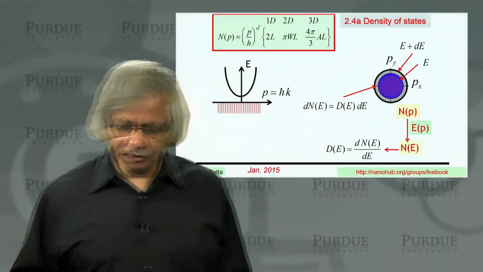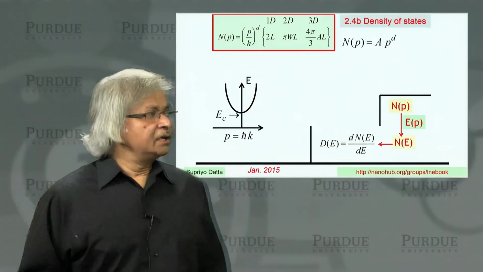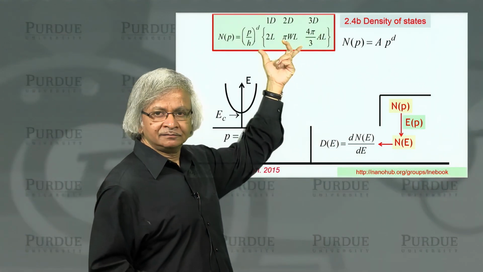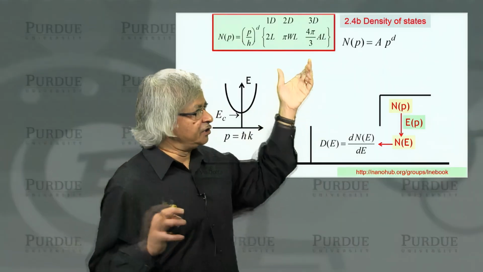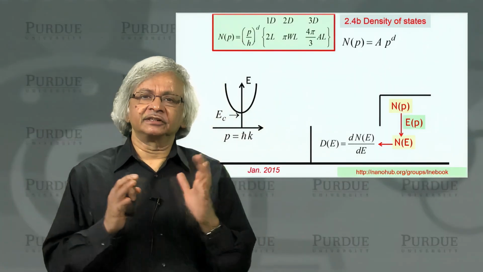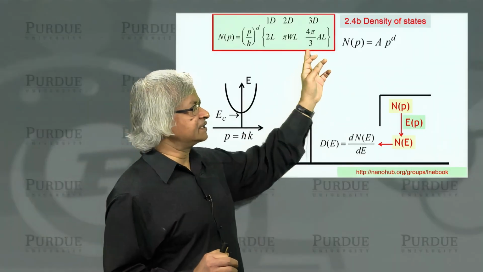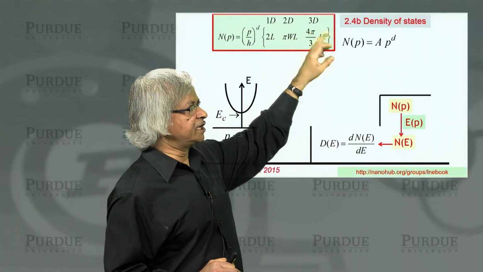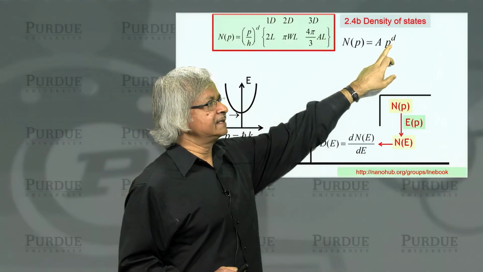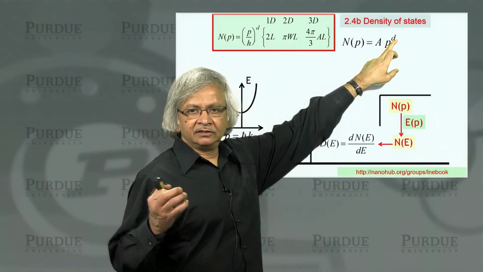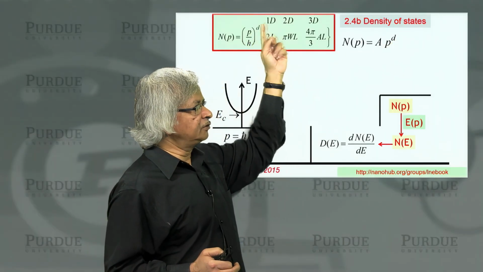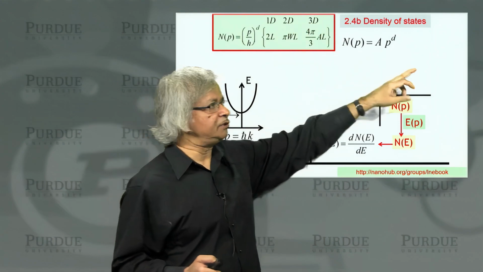So now let's get on to a specific example. As I said, we have a function called N of P, and in deducing that function, we didn't have to worry about any energy momentum relation. It's a perfectly general argument, but the result depends on the dimensions, which I'll represent with a small d. And so we write N as momentum to the power d, because in 1d it's proportional to p to the power 1, 2d is p squared, 3d is p cubed.